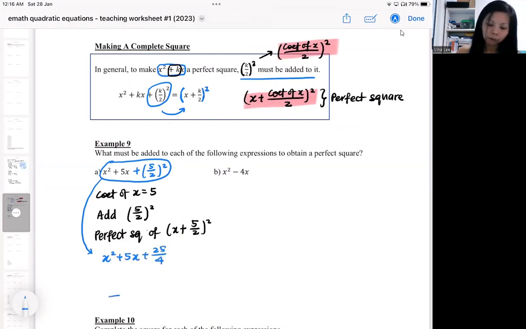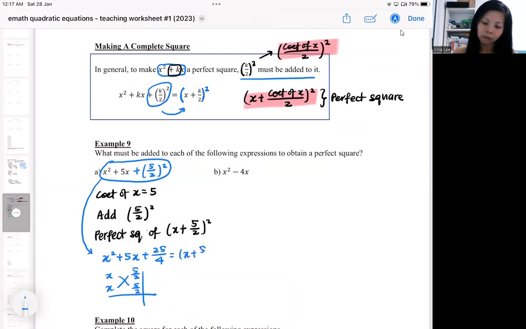You can try your factorization method, or the tic-tac-toe method, whichever method you try.